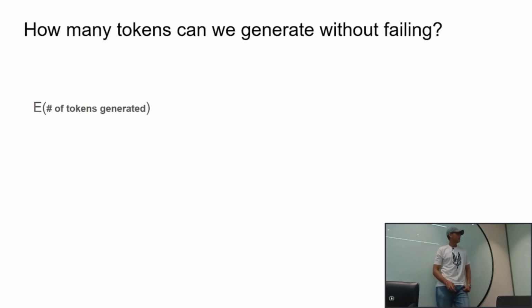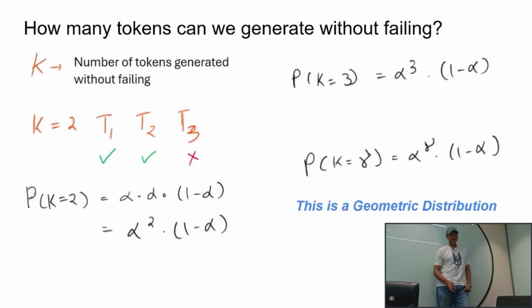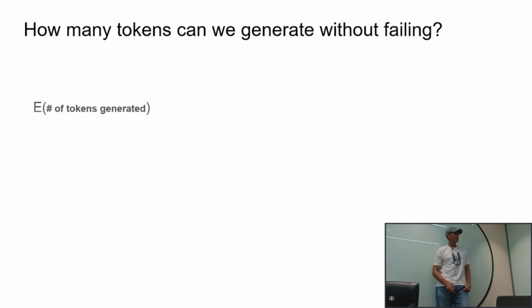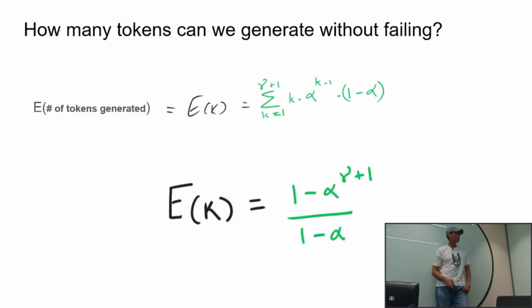Now, since this is a geometric distribution, I can calculate the expected value of the random variable k. What is k? K is simply the number of tokens generated without failing. If you simplify the above equation, you get this expected value, which is 1 minus alpha to the power lambda plus 1, divided by 1 minus alpha.